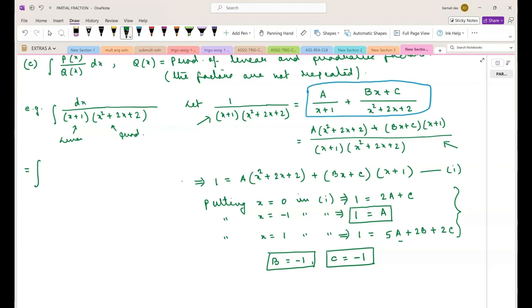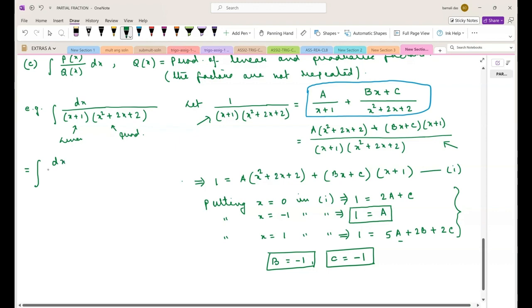So a was 1, so this is dx by x plus 1, plus b was minus 1, so minus (b minus 1) into x, and c minus 1. So minus 1 by x square plus 2x plus 2 dx.